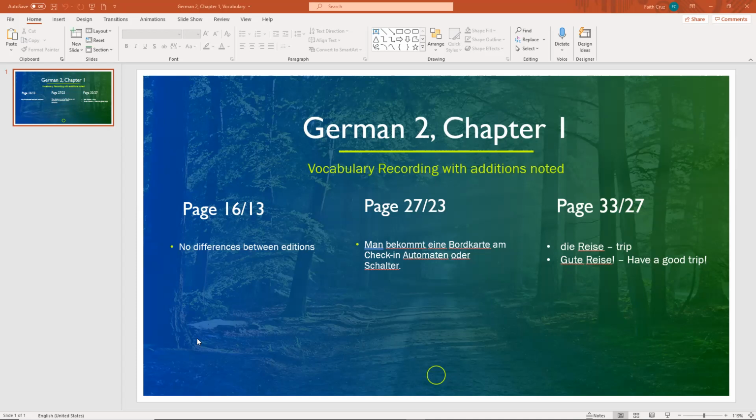So an updated sentence, and I have it here on the screen for anyone who's in an older edition. Man bekommt eine Bordkarte am Check-in-Automaten oder Schalter. So you can get this boarding pass either at this automated machine, or you can go to the counter. Right.